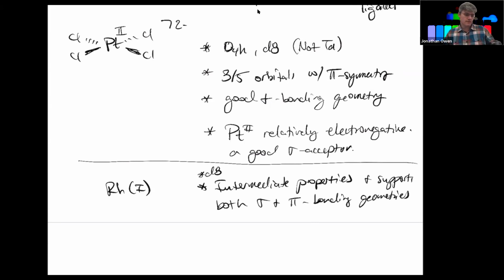So you get 5 coordinate structures that are both TBP or square pyramidal. Okay. They interconvert.